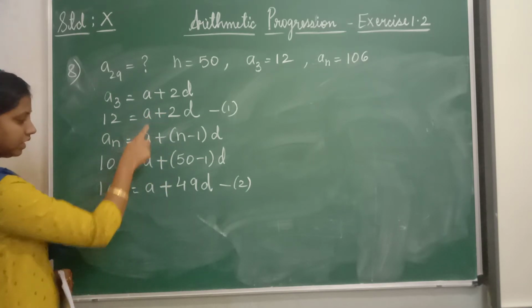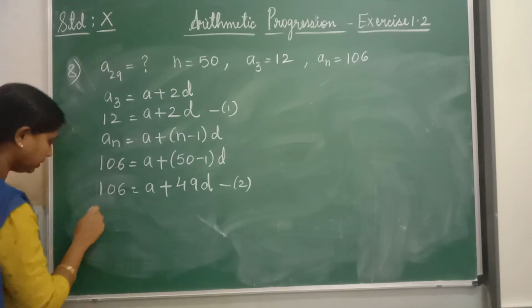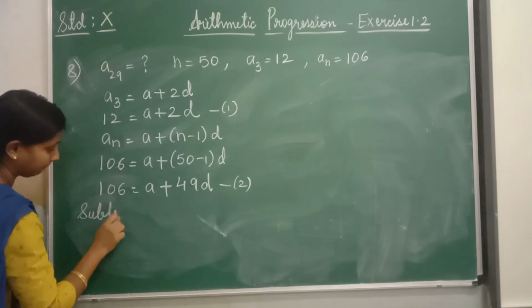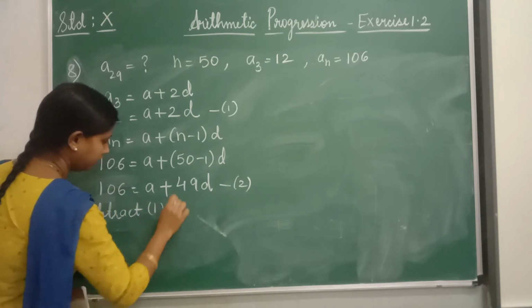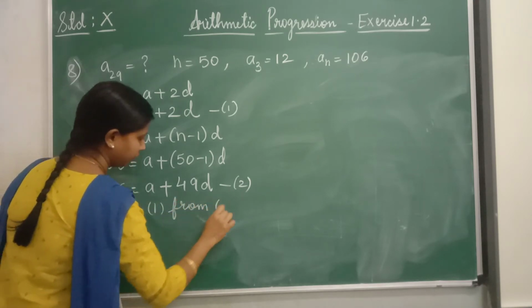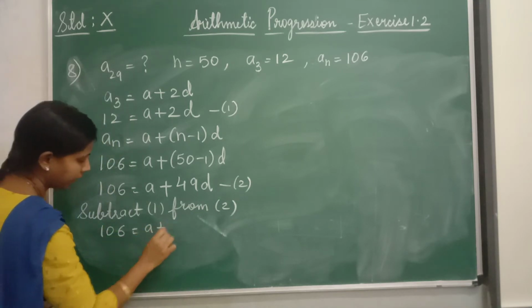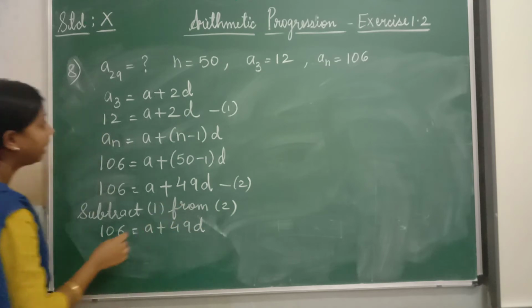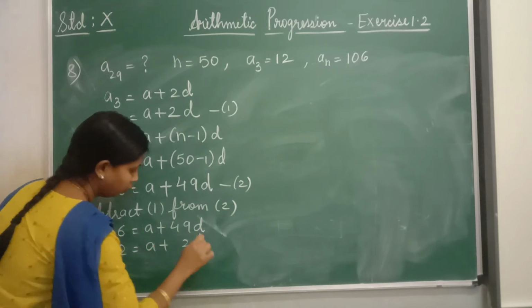Now subtract the two equations. A and A both are like signs, so you have to subtract the equations. So subtract 1 from 2. 106 is equals to A plus 49D minus 12 is equals to A plus 2D.